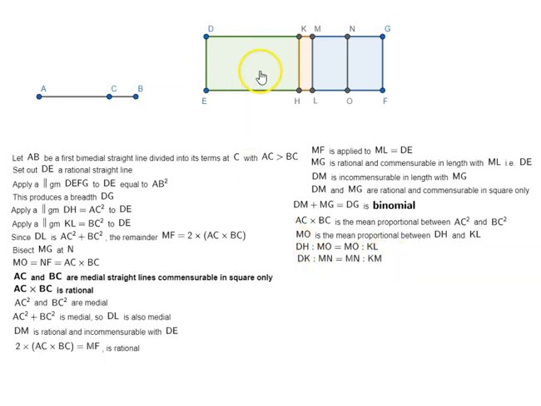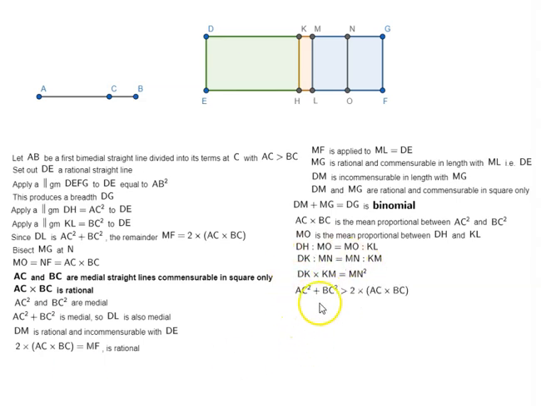Means DH, the base DK is to the base of MO, that is MN, as MN, which is the base of MO, is to KM, which is the base of KL. So which means DK by KM is equal to MN square. Okay, we have reached this stage.